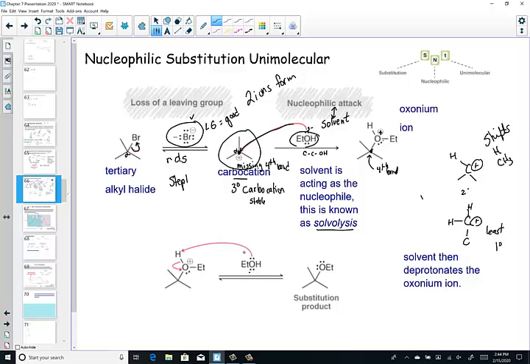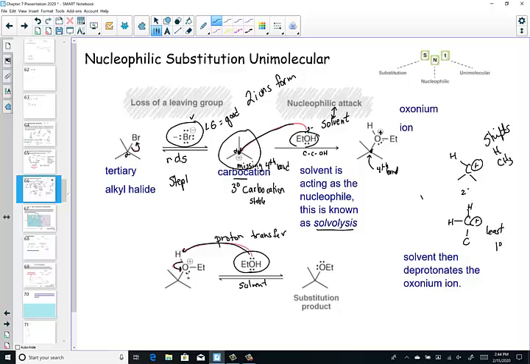The solvolysis still continues. The solvent then in the next step undergoes a proton transfer to create a more stable arrangement on this oxygen. So it will abstract the extra proton that was originally on the alcohol.